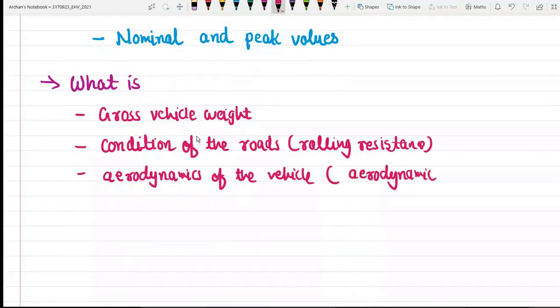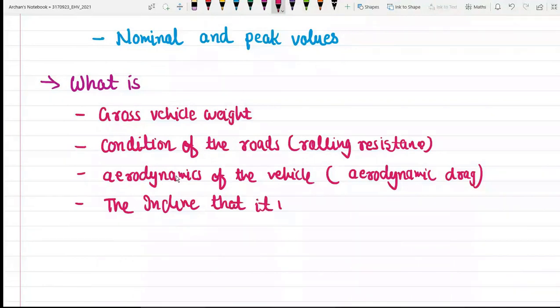This is the amount of force that the vehicle needs to overcome, the aerodynamic drag force. And then you also need to know the incline that it needs to traverse. That will give us the gradient resistance.